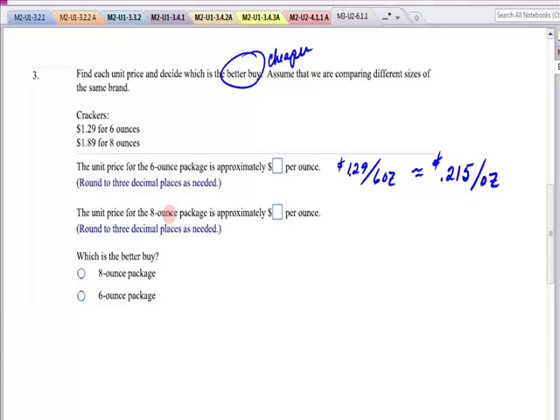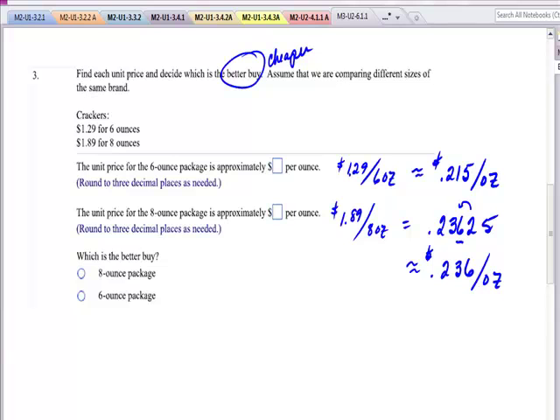All right, now for the 8 ounces, let's see, it's $1.89 for 8 ounces. So on my calculator, I put in 1.89 divided by 8, and it says to round to 3 decimal places. So the answer is 0.23625, and to 3 decimal places, that 2 would say leave it alone, so that would be 0.236 per ounce.